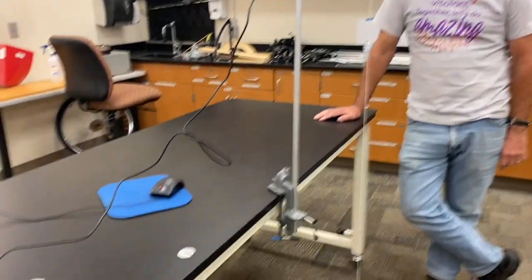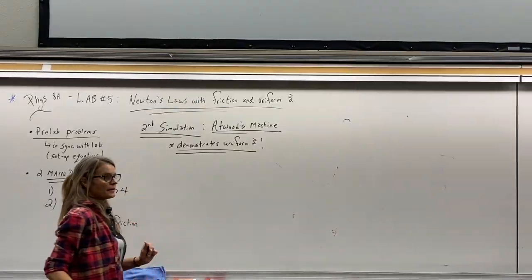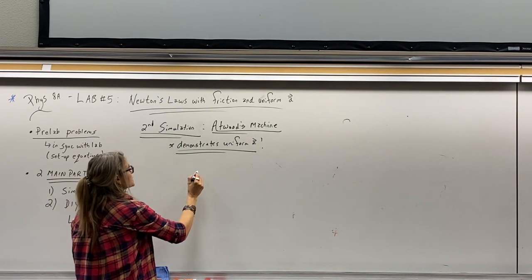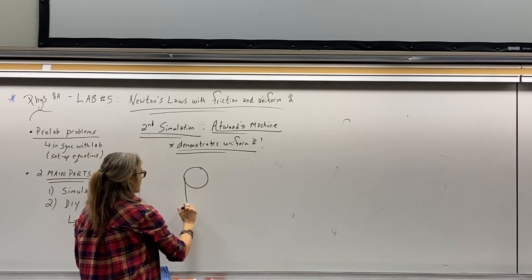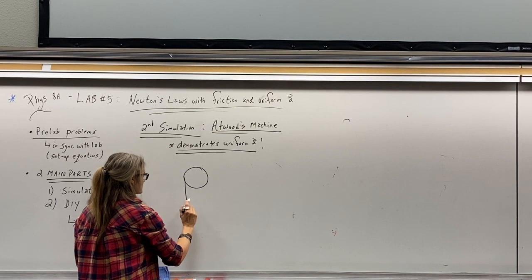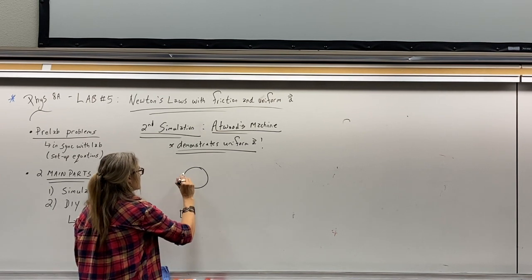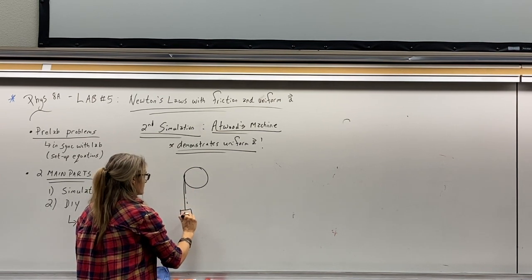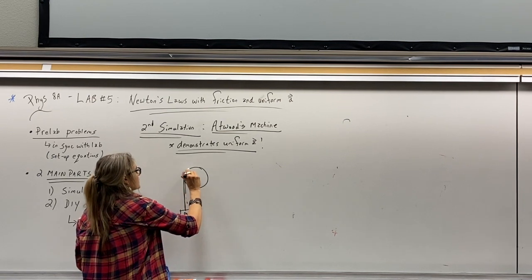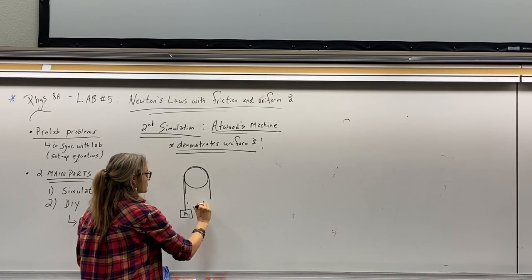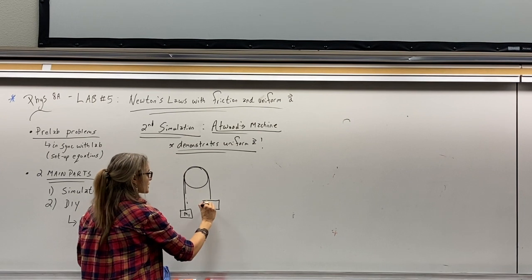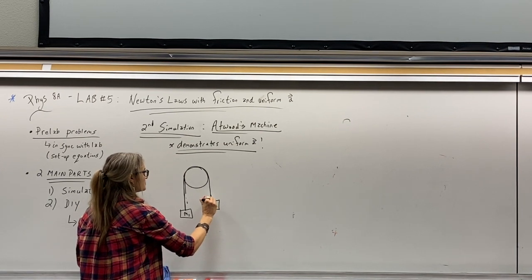Wonderful setup. Okay. And a simple Atwood's machine is just we have a pulley and we have two masses suspended vertically through that pulley via string or a cord, so there's tension.